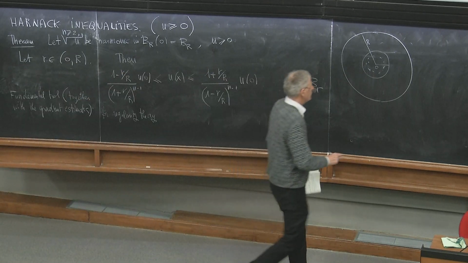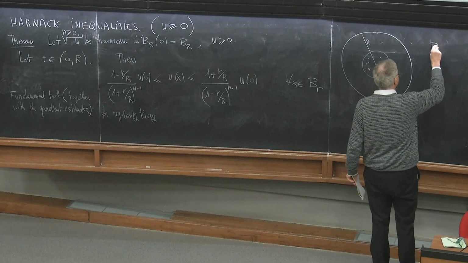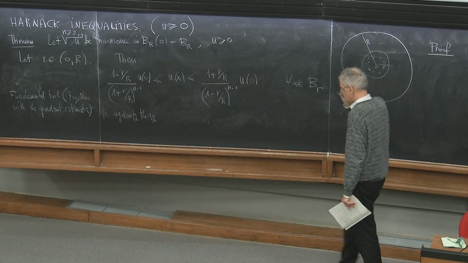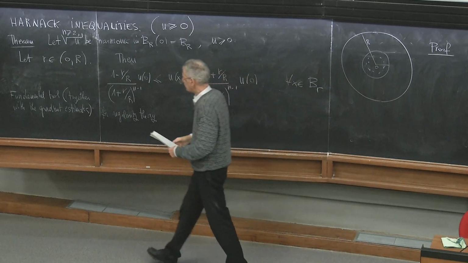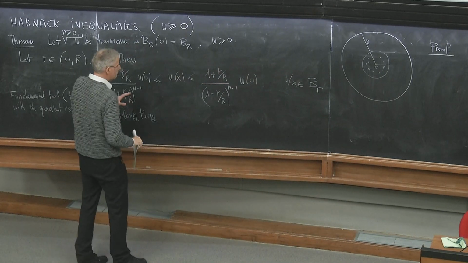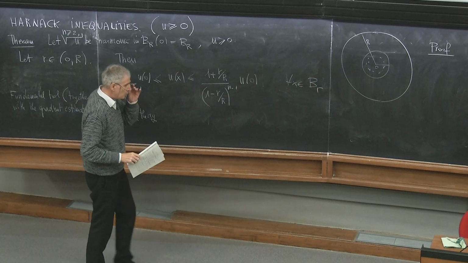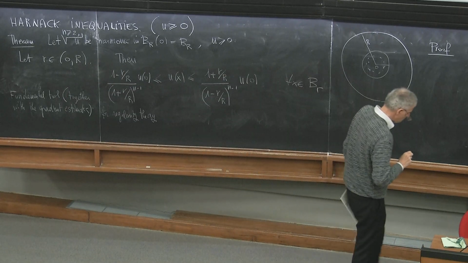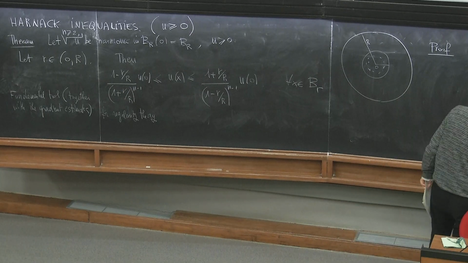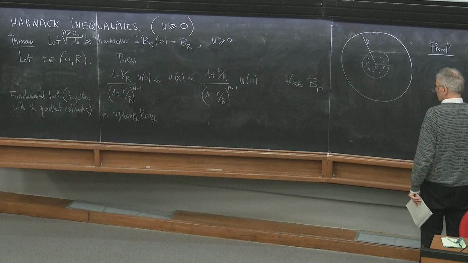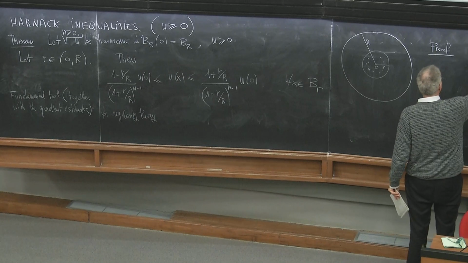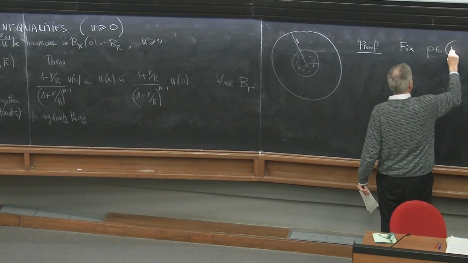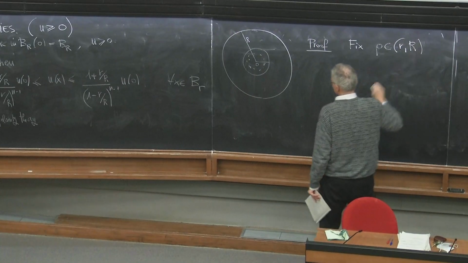Now the proof is tricky, because we have to cleverly use what we know about the explicit solution of the Laplace equation on a ball. So we fix an intermediate radius here.